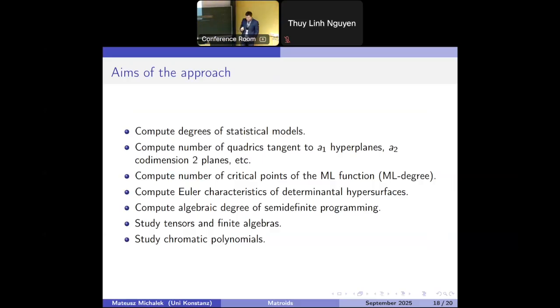Okay? Now, what's our aim? Well, we have some data. Okay? And we have an L, and we want to find an A that best explains this data. But what does it mean, best explains?